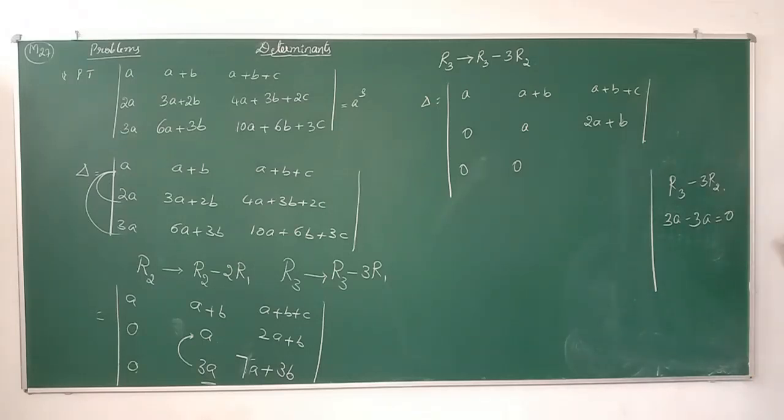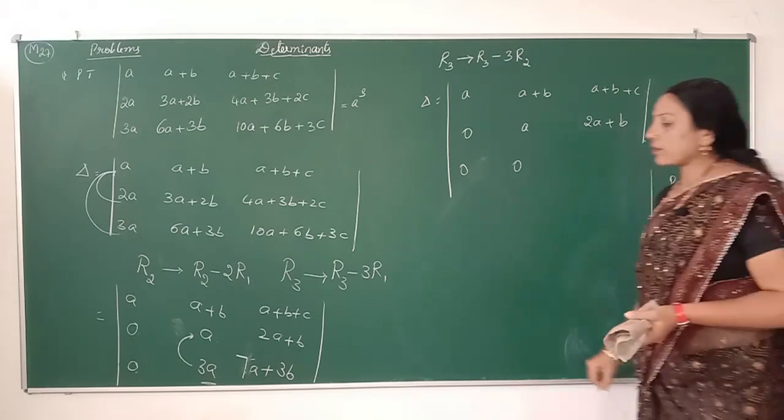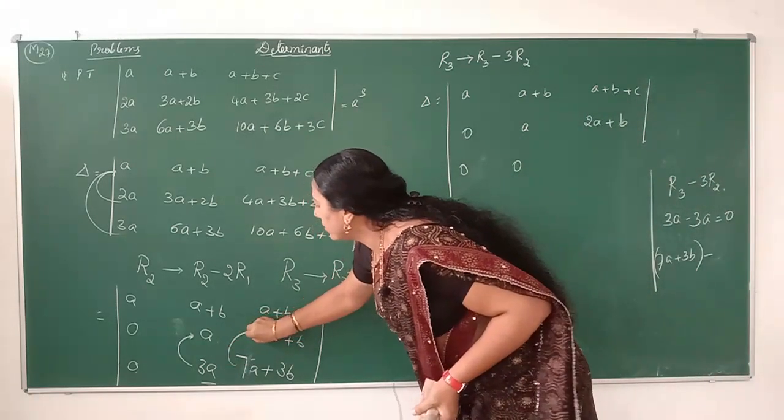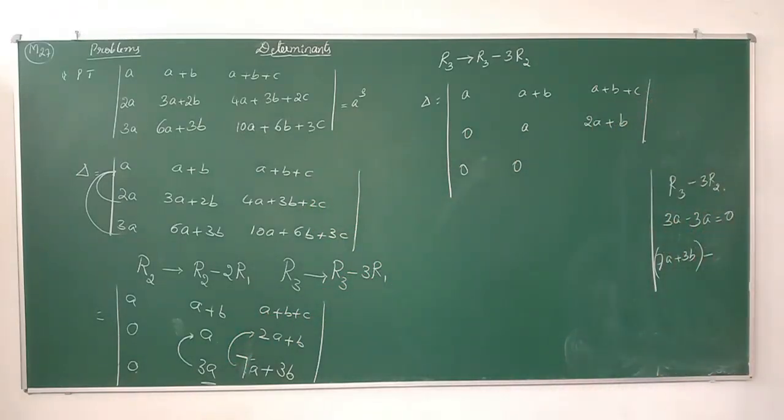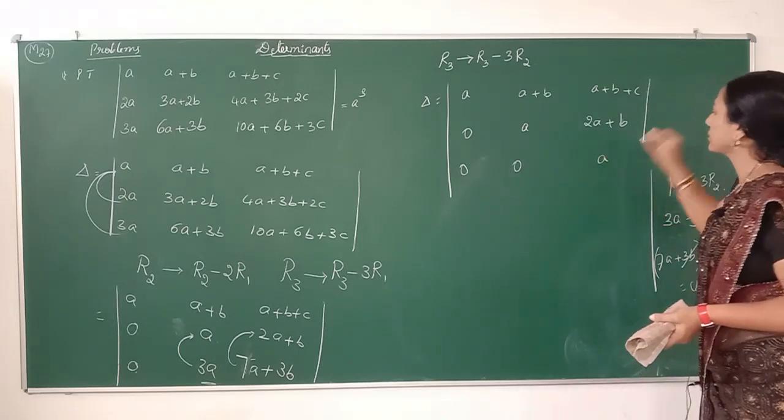Then the third element of R3 is 7a plus 3b minus 3 times the corresponding element of the second row. 3 into 2a is 6a, plus 3 into b is 3b. So after that, 3b minus 3b get cancelled, and 7a minus 6a is nothing but a.